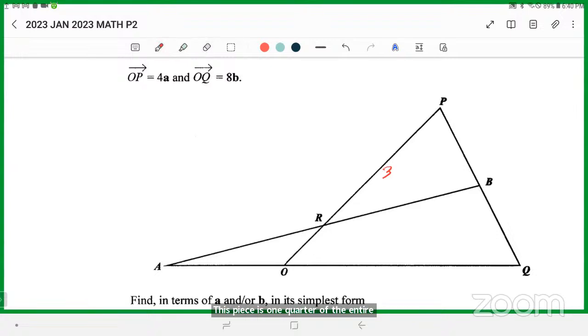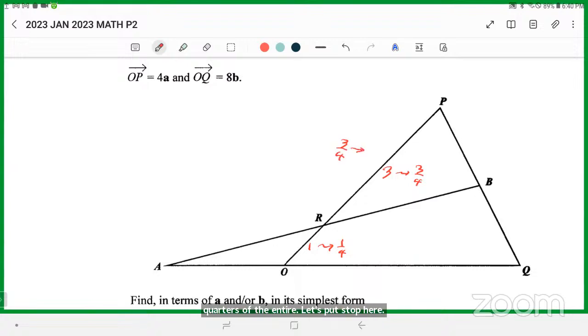Let's put it. This represents 1/4 of the line. And because of 3 parts, this piece of the line is 3/4 of the entire OP. Let's put it up here. This is 3/4 right here.